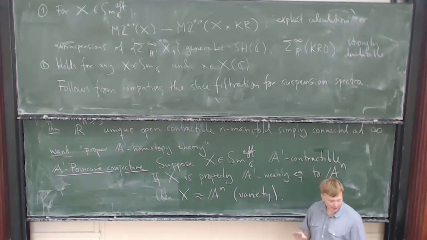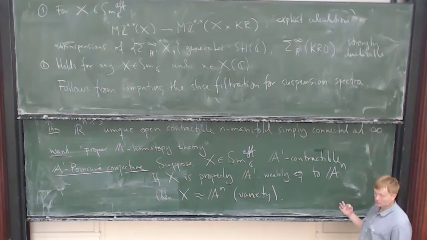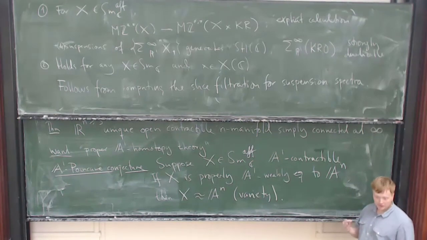Okay? But the real test case here is similar to the story of the Whitehead manifold. When Whitehead gave a wrong proof of the Poincare conjecture in 1931, the mistake was claiming that every open contractible three-manifold is R3.